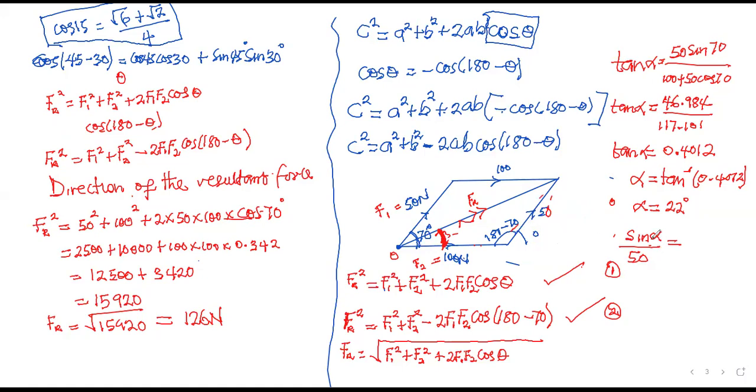Okay. So sine of the angle divided by the magnitude of the side equals the sine of the other interior angle. The other interior angle is this, 180 minus 70, which is 110, divided by, what is the vector opposite to this?